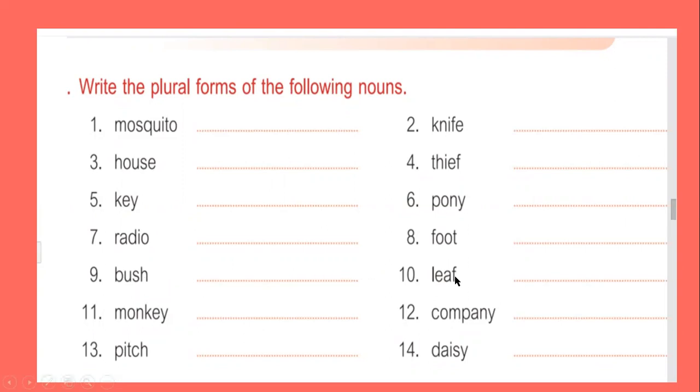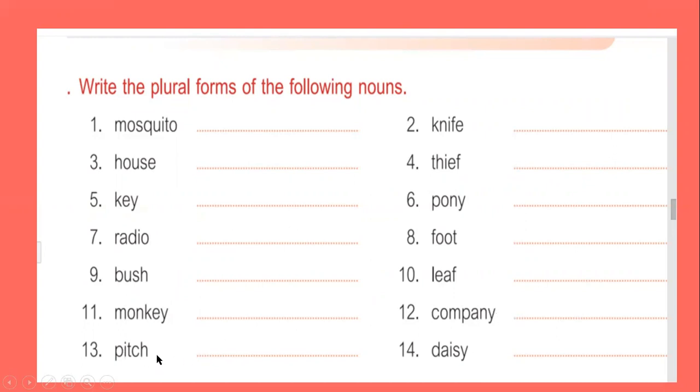Leaf will change f to ves. Monkey. This is vowel plus y. So we are just going to add an s. Company. This is a consonant plus y. So you change this to ies. Cut the y and write ies.